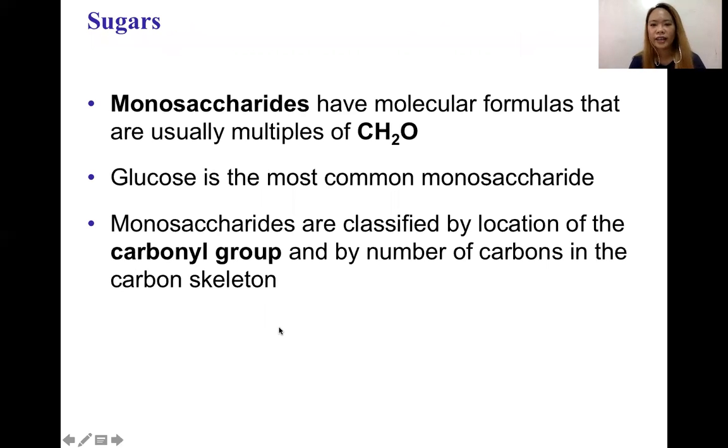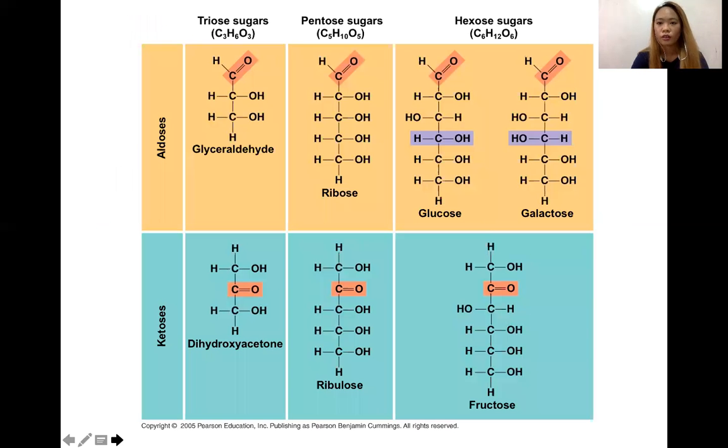The monosaccharide has a formula of CH2O. It is composed of carbon, hydrogen, and oxygen. And the most common monosaccharide is what we call glucose. Now I'm going to show you what glucose actually looks like.